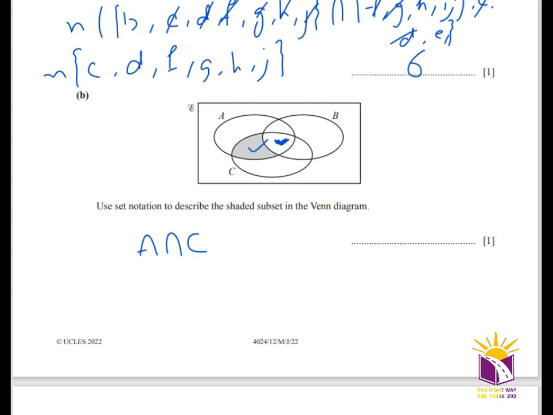So we are going to intersect it with B complement, meaning the elements other than B. So it will be A intersection C intersection B complement. You can either write this one in brackets or A intersection C in brackets. It's up to you.